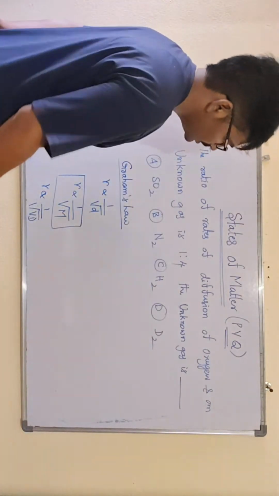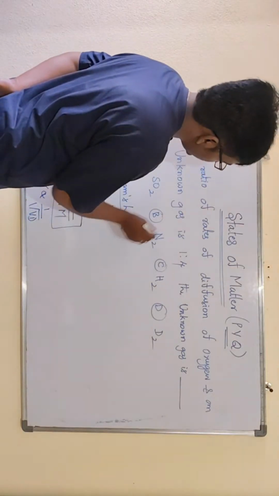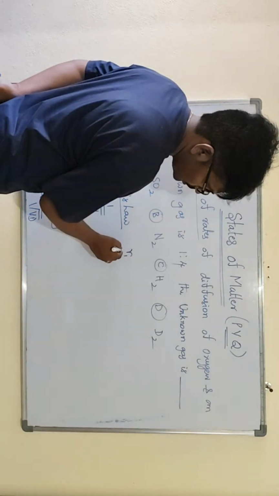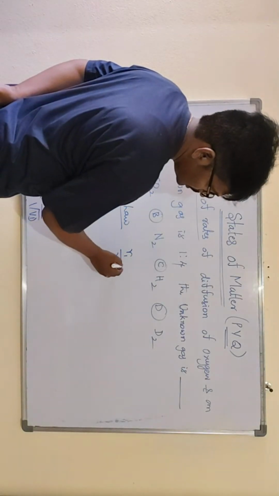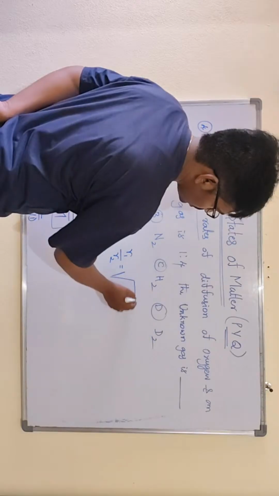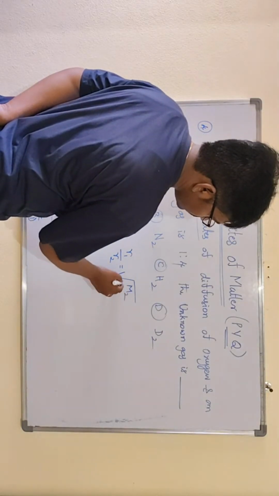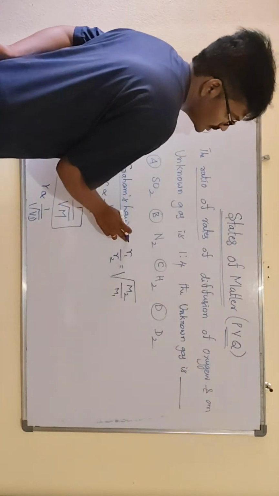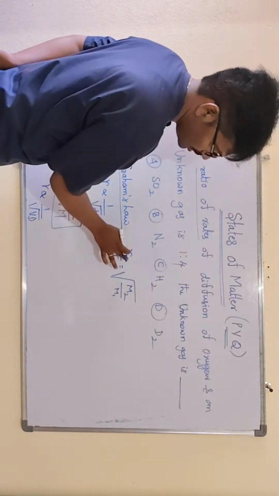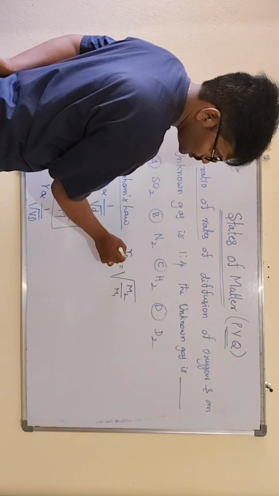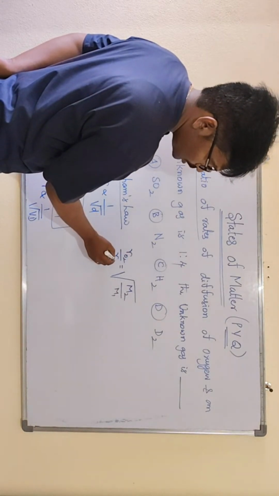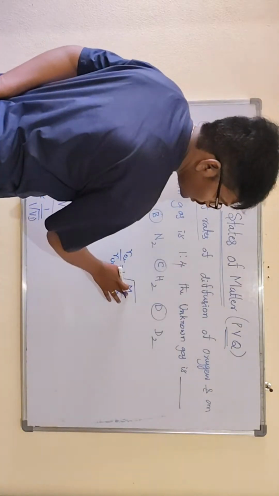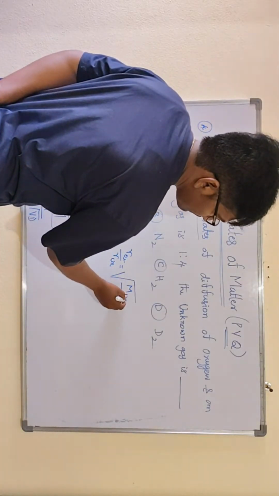So how? The ratio of rates of diffusion is given. R1 divided by R2 equals square root of M2 divided by M1. R1 is the rate of oxygen, so take it as O2, and this is unknown, then M2 you take as unknown.